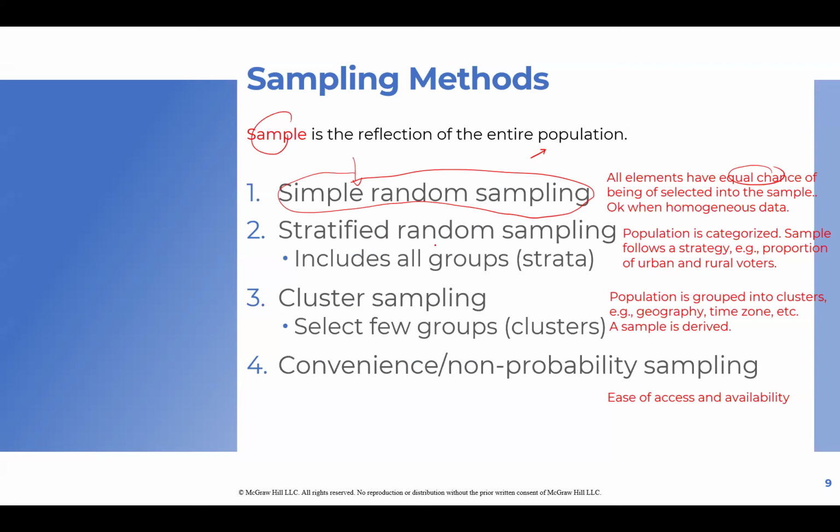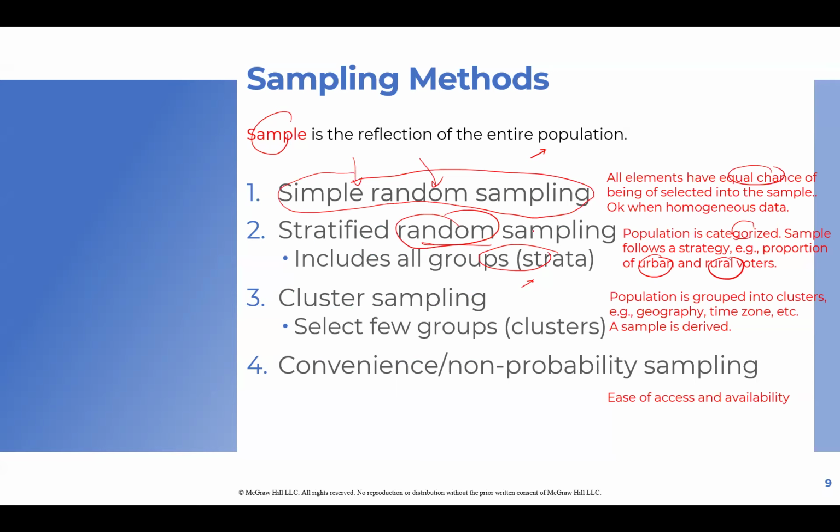Stratified random sampling is still random, just like simple random, but you are stratifying or grouping the population based on certain criteria, like urban versus rural, or gender wise, men and women, or any other means of categorizing the population into groups, and taking the sample out of them randomly again.